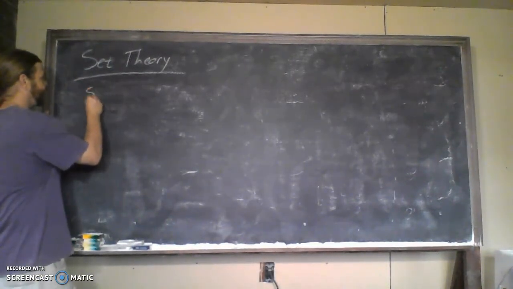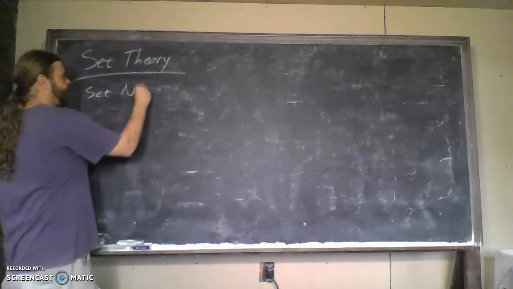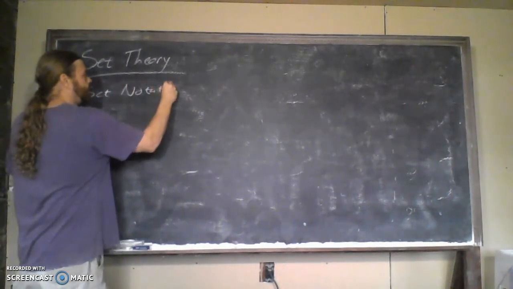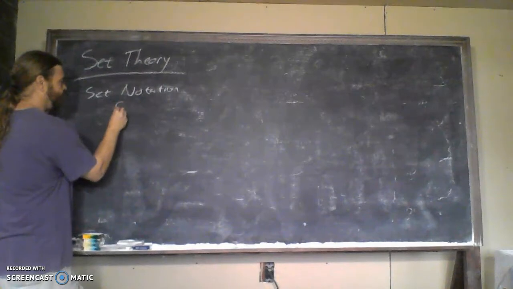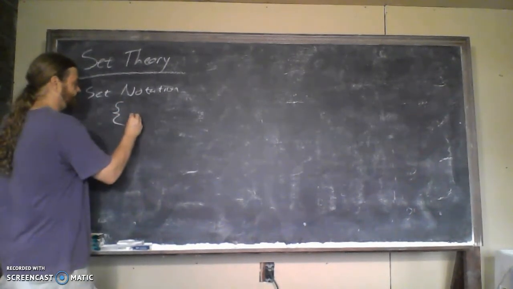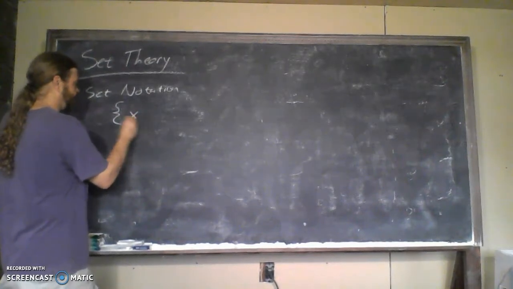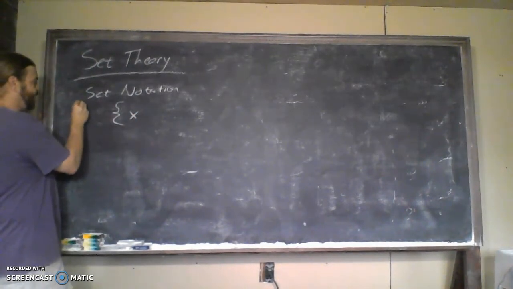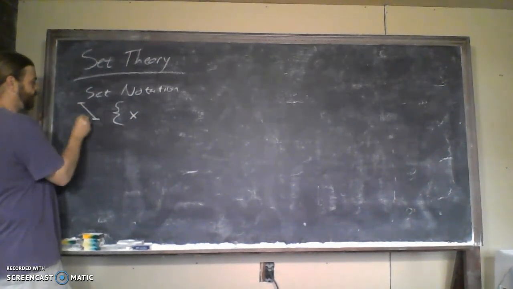For a set itself, we're going to indicate that by curly braces. And we separate things by commas. Standard math notation is we would write this with a capital letter.